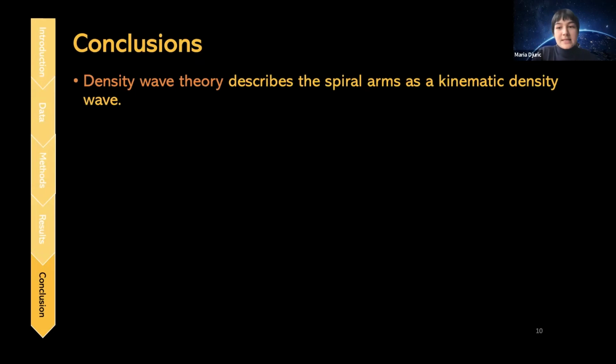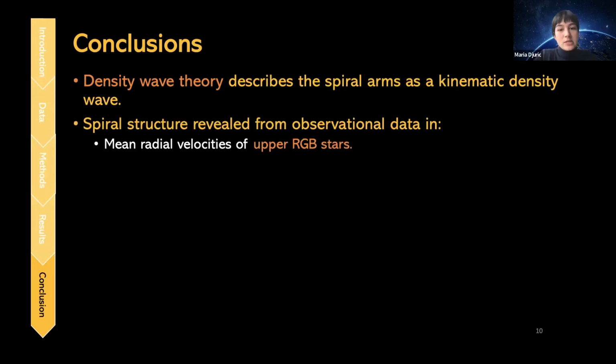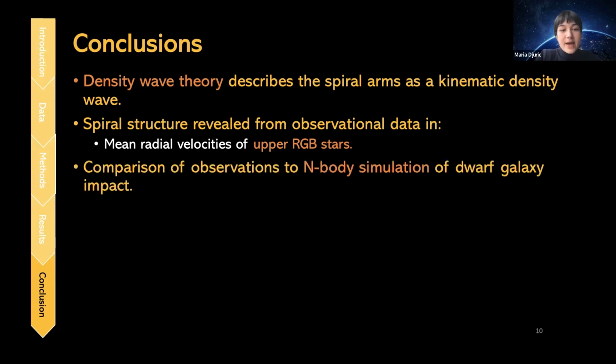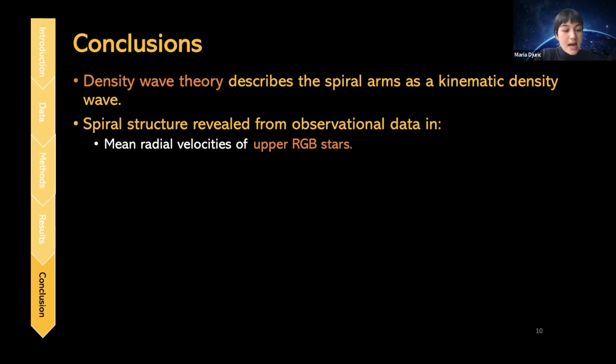we investigated the density wave theory of spiral arm structure, and I used an observational data sample of upper red giant branch stars to plot mean radial velocities, and that was also in agreement with a two-armed logarithmic spiral toy model.